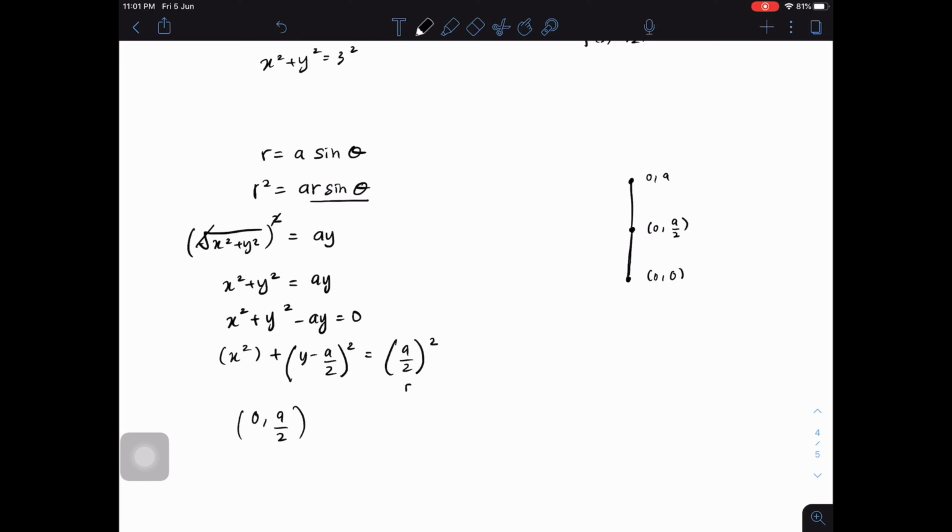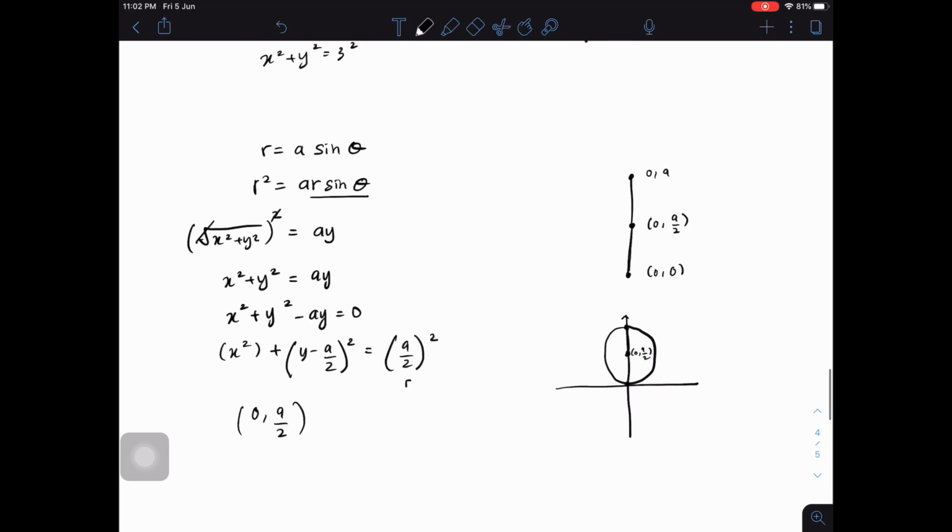So now you can sketch your circle, where your circle has center at 0, a over 2, and another point of your circle is at 0, 0, and another point is at 0, a. Therefore, this is your polar curve, a circle with center at 0, a over 2, and the radius of the circle is also a over 2. So this one is your polar curve.